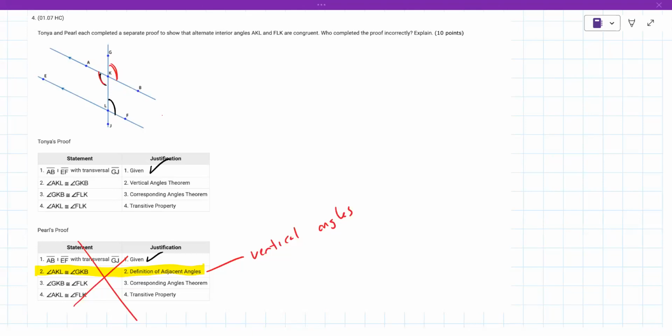Angle AKL and angle GKB are not adjacent angles. They are vertical angles.